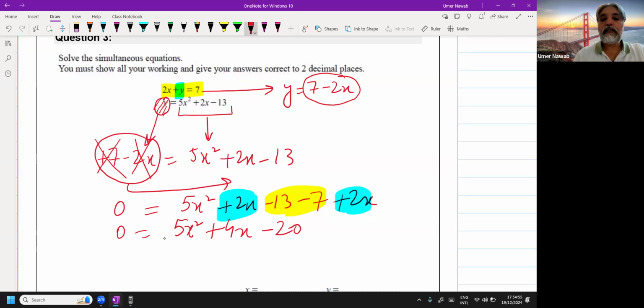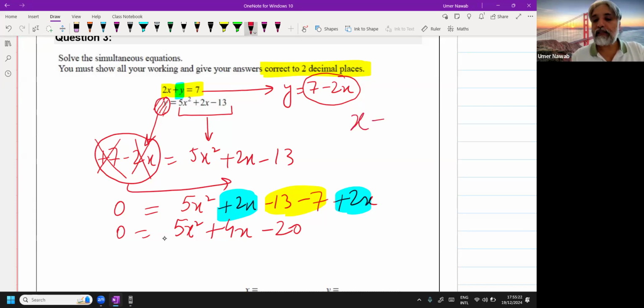Now, after getting this, boys, we need to use either a calculator or the quadratic formula. Since the examiner has mentioned two decimal places, I am fully sure that the quadratic formula is the only tool. Otherwise, factorization won't be helpful for you. But in the final exam, you have to show your steps. You will show the quadratic formula.